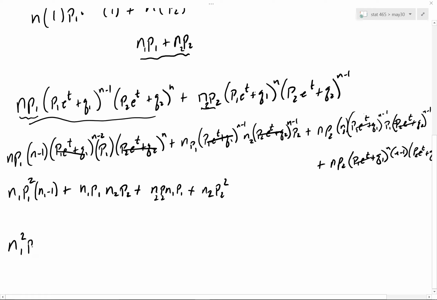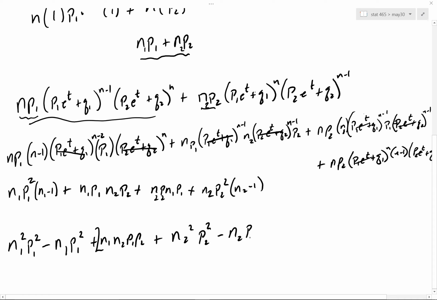That's n1 squared p1 squared minus n1 p1 squared plus n1 p. There's two of those guys in the middle, right? Plus, there's an n minus 1 here as well. And n2 squared p2 squared minus n2 p2 squared.